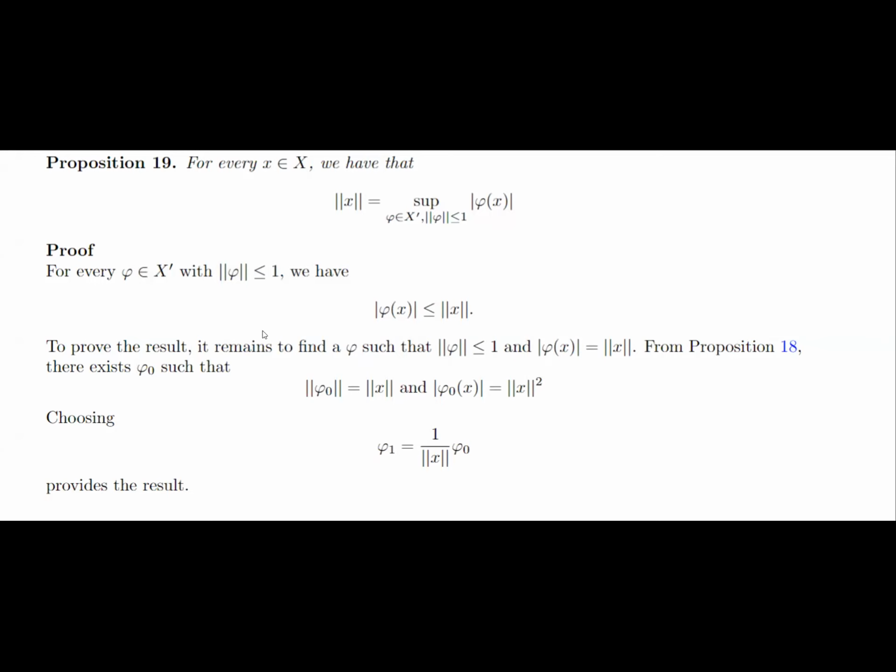And to do this, I can just apply the previous proposition, which gives me phi node with norm equal to the norm of x and phi node of x equals the norm of x squared. This is exactly the previous proposition.